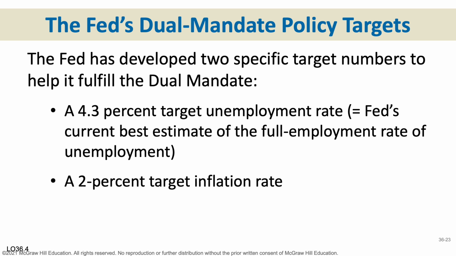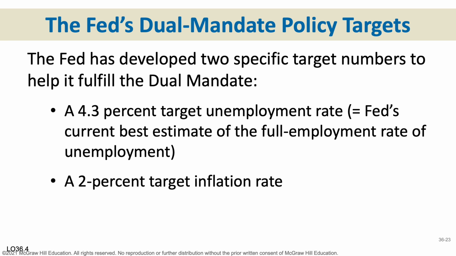The interesting thing on this slide is the Fed's target for unemployment. They've listed it at 4.3%, and that's a sliding scale. I don't want you to necessarily memorize 4.3%, as much as I want you to know that the Fed has a target on what unemployment should be that would reach our full employment level. Remember, the full employment rate of unemployment was not zero.